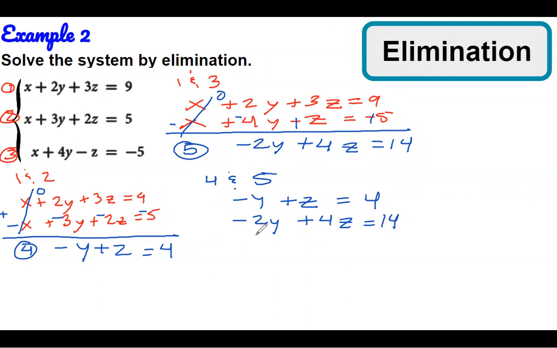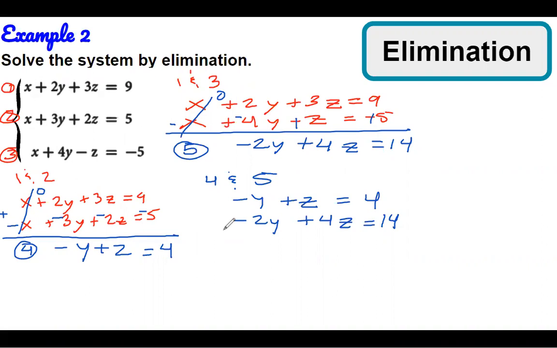Okay, now we have to combine these by elimination. So we either multiply our top equation by negative 2, so we can have a negative 2 here. Multiply this by positive 2, or we can go ahead and multiply the top equation by negative 4. So what do you guys decide? By negative 2?